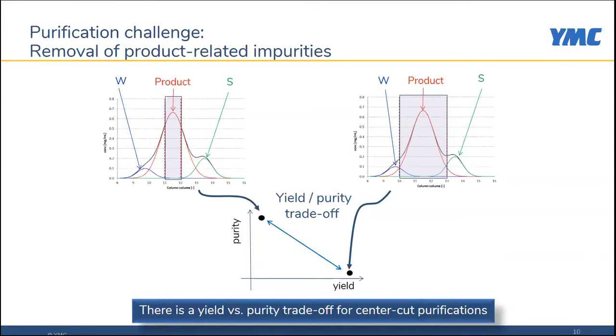So we have to make a trade-off, either having a high pure product as shown on the upper left side, or we have more polluted product, but we have higher yields. And this trade-off we try to overcome with the MCSGP technology.